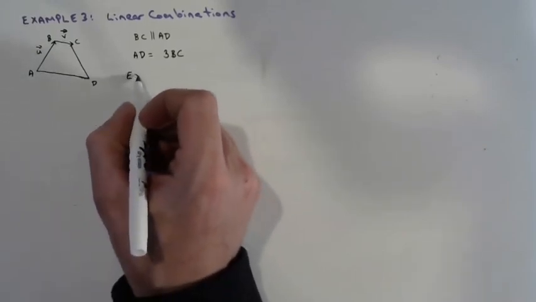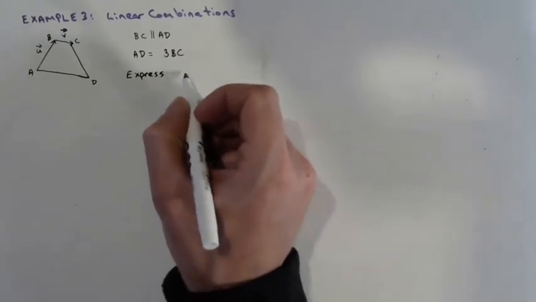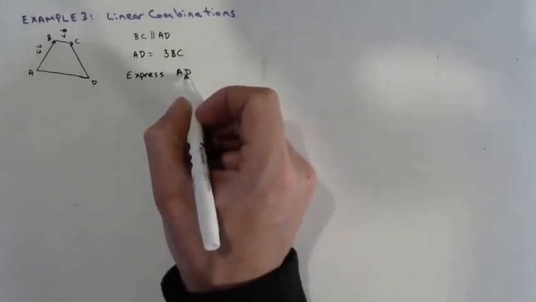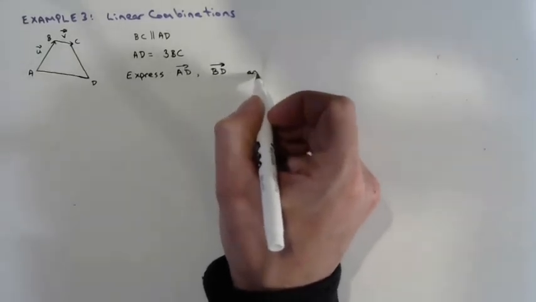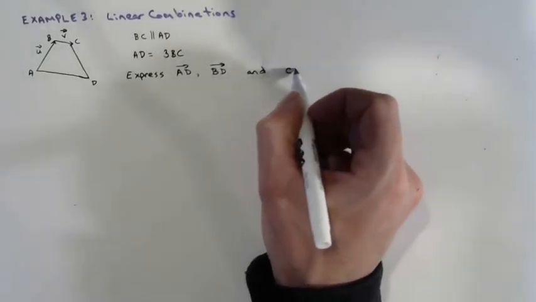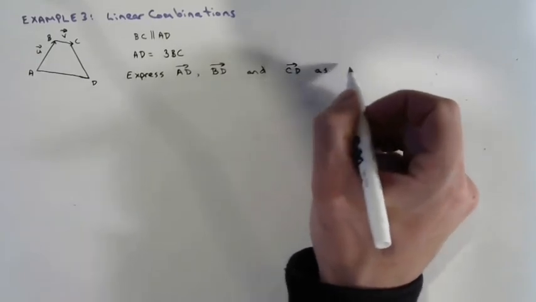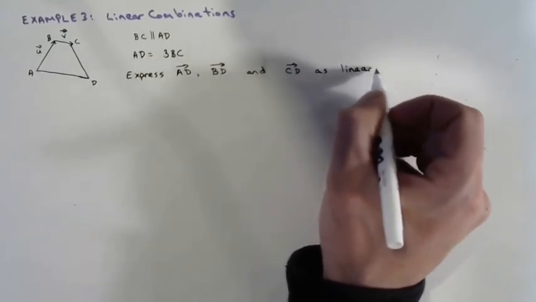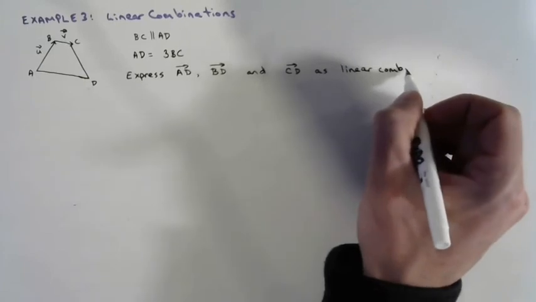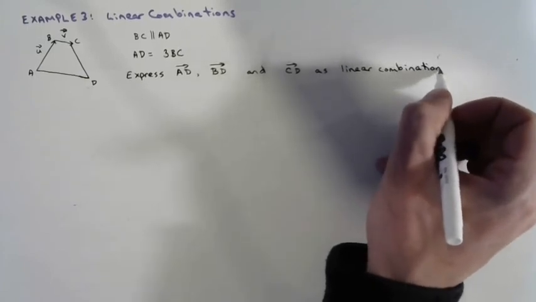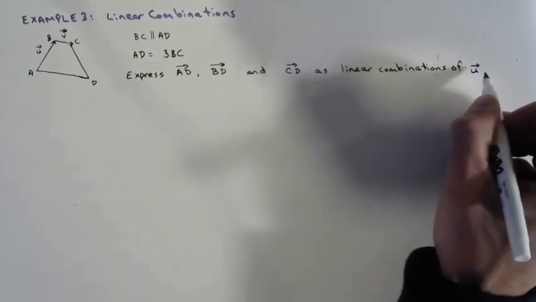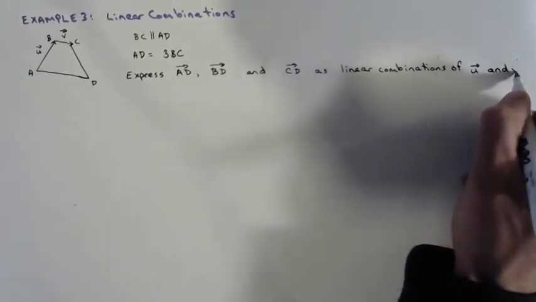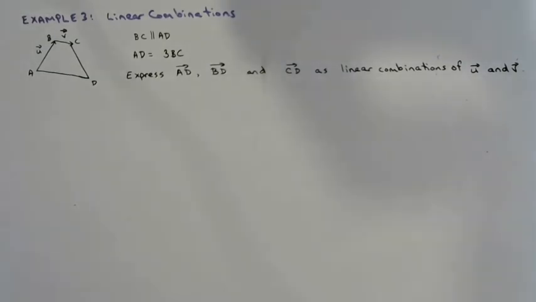So we're going to express AD, BD, and CD as linear combinations of U and V. Well, we'll start easy.